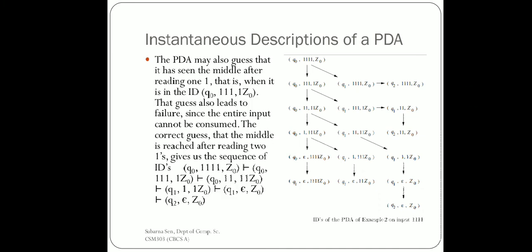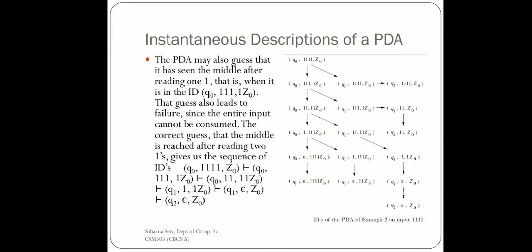The PDA may also guess that it has seen the middle after reading 11. What can it do? See the second line here, from q0, the first case was correct, right, ultimately, so we have not reached the middle and we just pushed 1 inside the stack, and this is the content. Now from this situation, it can guess that it has reached the middle, and another guess is possible, that it has not reached the middle.